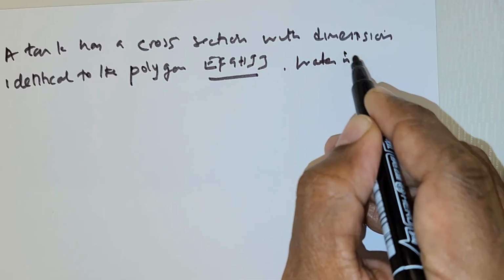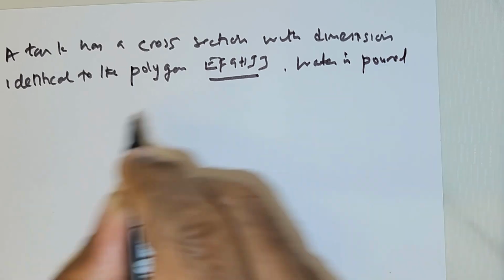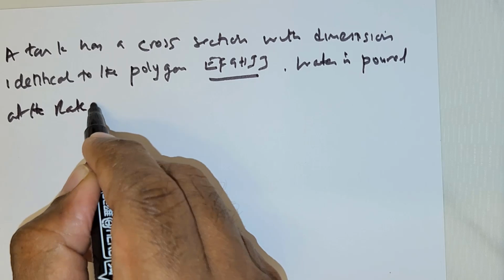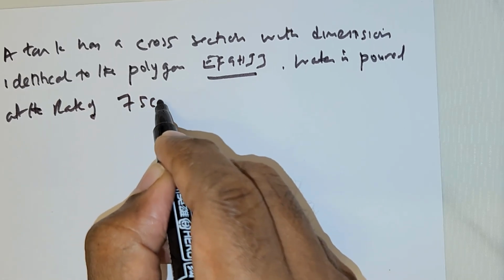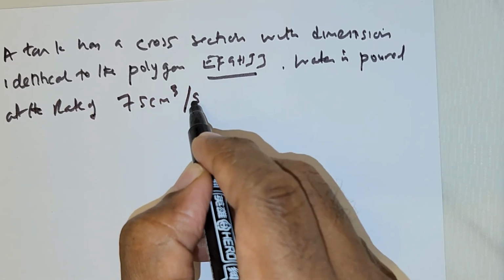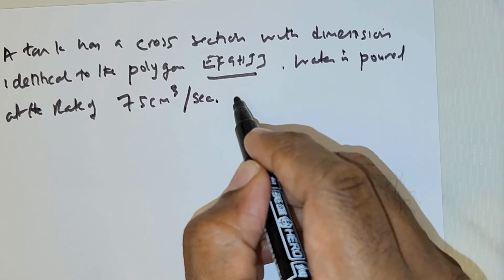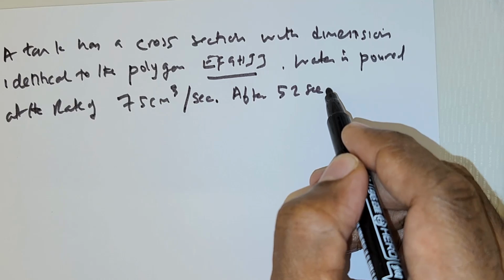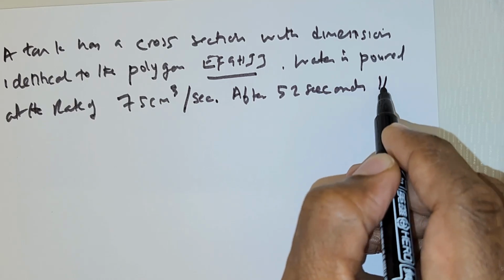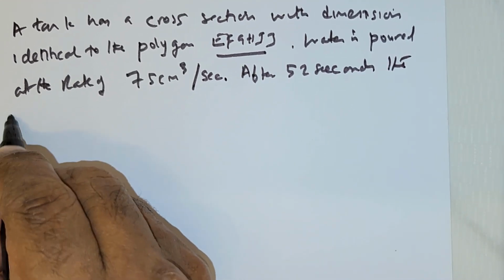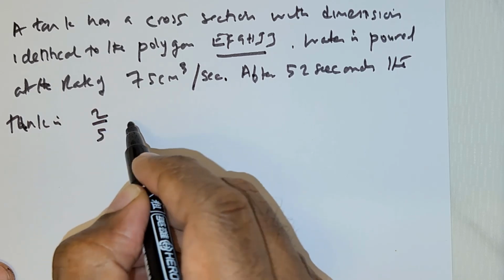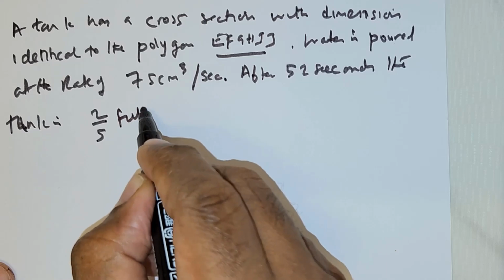Now water is poured at the rate of 75 cm cubed per second. After 52 seconds, the tank is 2/5 full.